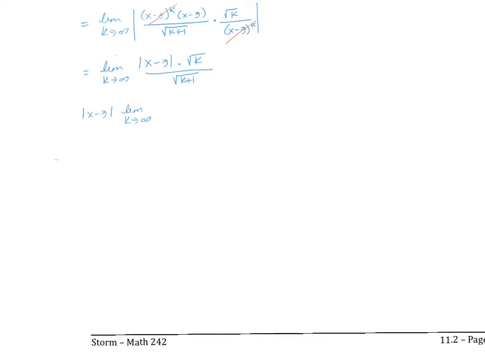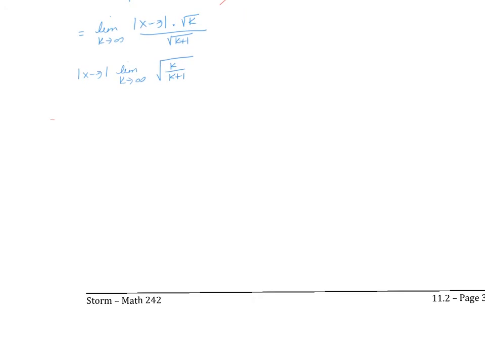And then when I look at the limit as k goes to infinity of what's left over, it's going to be infinity over infinity. So in indeterminate form, I could use L'Hopital's, or I could simply note that they're both square roots. So I could put it all under one square root. Now when I take the limit, I still get the square root of infinity over infinity.